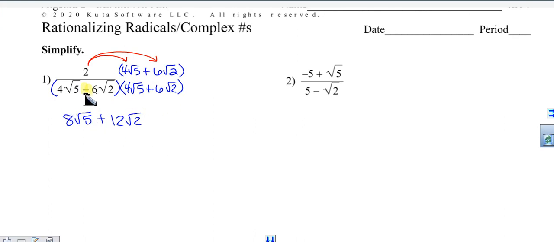Now I'm going to multiply the two parentheses in the denominator. Remember, when we do a binomial times a binomial, we use a process called FOIL. It is a double distribution, and I'm going to go through this entire process on this first example, but I'm going to show you a shortcut on problems 2, 3, and 4.